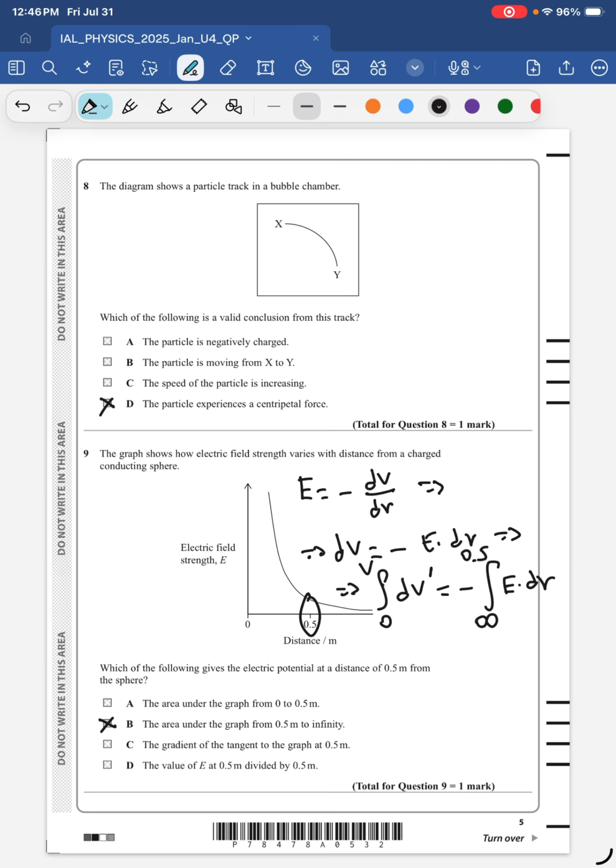I don't remember the gradient of the electric field having any meaning, at least not off the top of my head, so let's skip that. And definitely this is not something you will need at the A levels. D, the value of E at 0.5 meters divided by 0.5 meters. I don't even know what they mean by that, so D is wrong. So B is the correct answer.